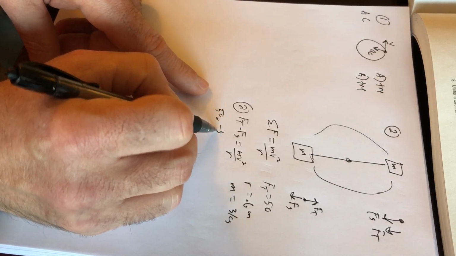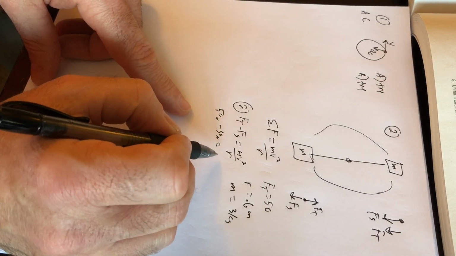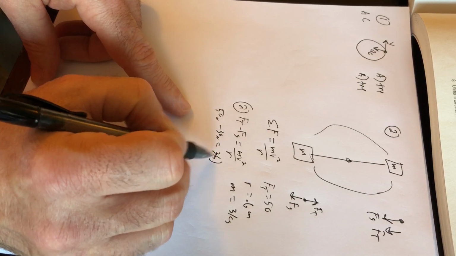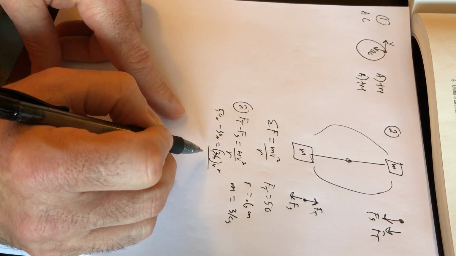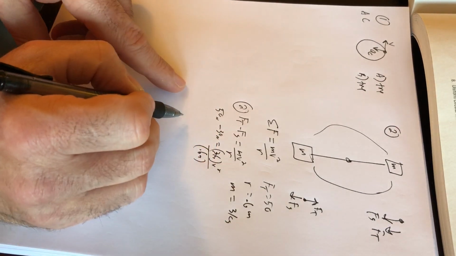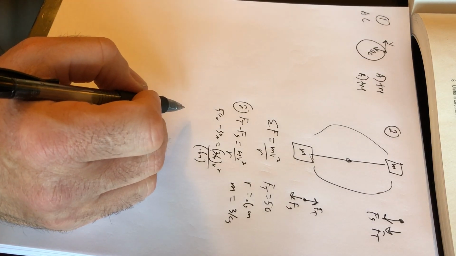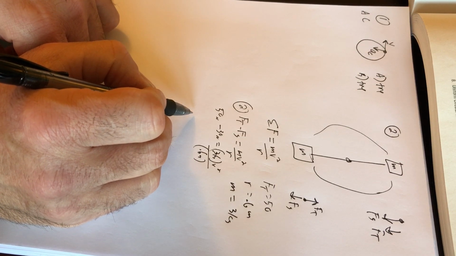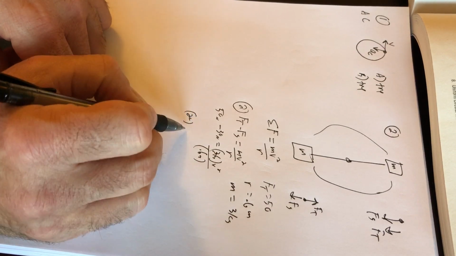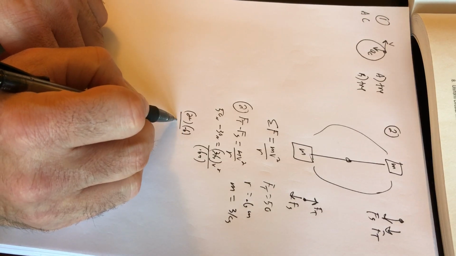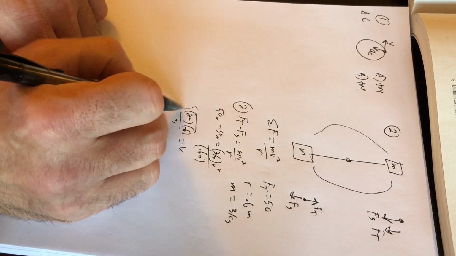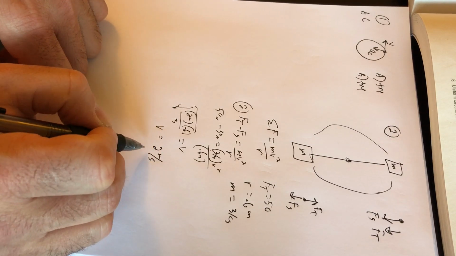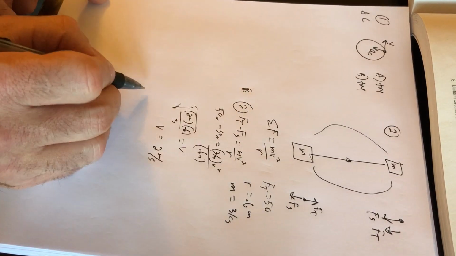So I have 50 newtons minus 30 newtons equals 3 kilograms times v squared over the radius, which is 0.6 meters. So I get 20 times 0.6 over 3, take the square root of that, and so v comes out to be 2 meters per second, so that's B.